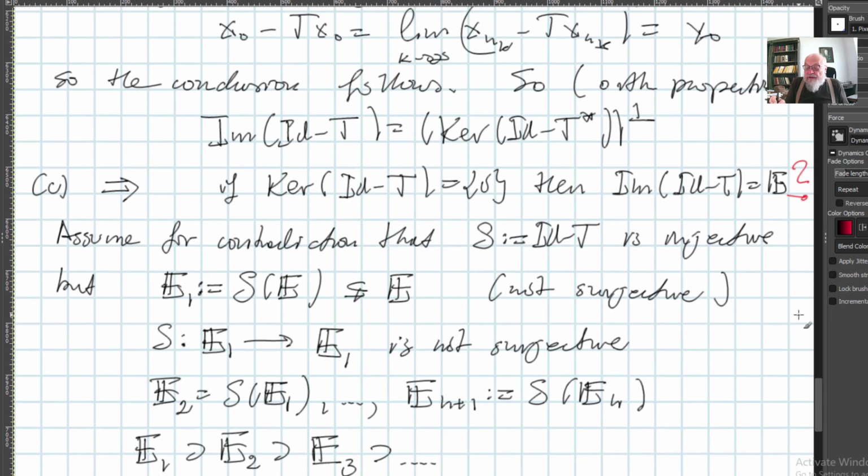In the case of finite dimension, there's nothing to prove. So in this case, you definitely have that this space is infinite dimensional if this condition is satisfied.